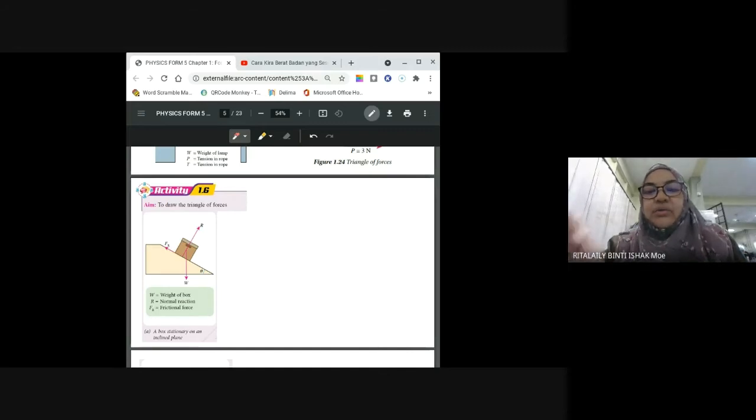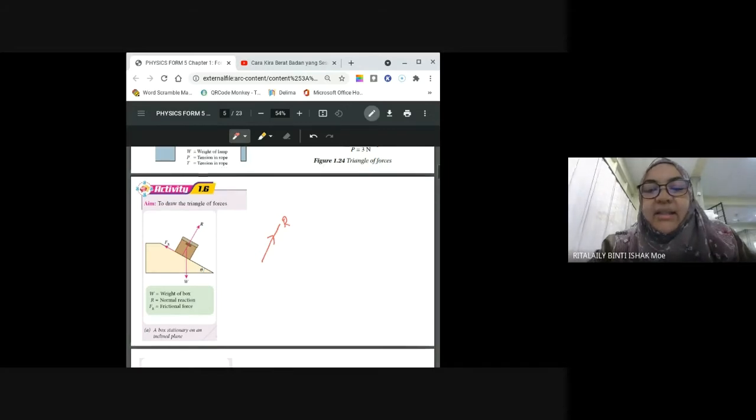So how are we going to draw? Kita akan draw one parallel to R, and then F, we draw parallel to F, R, and this would be the W. Okay, boleh follow tak? Boleh ikut tak?